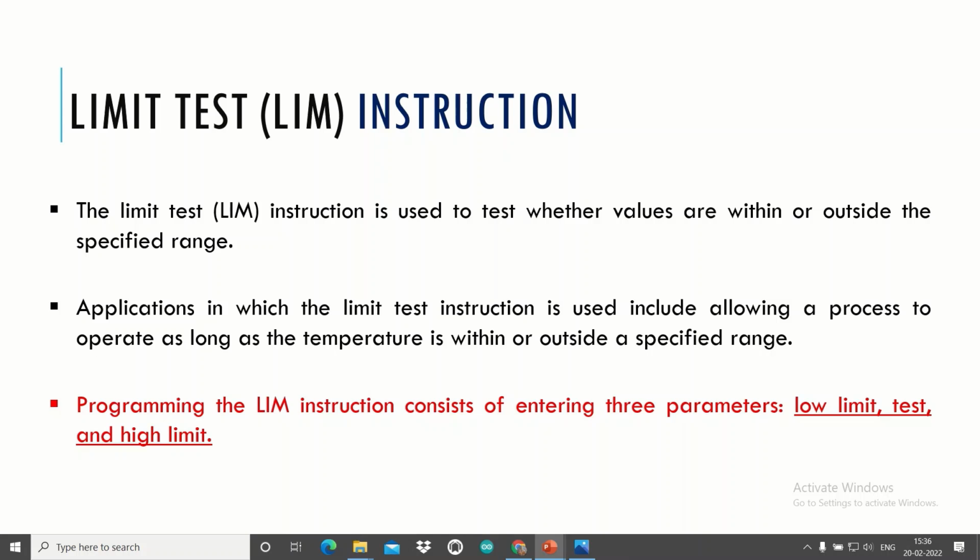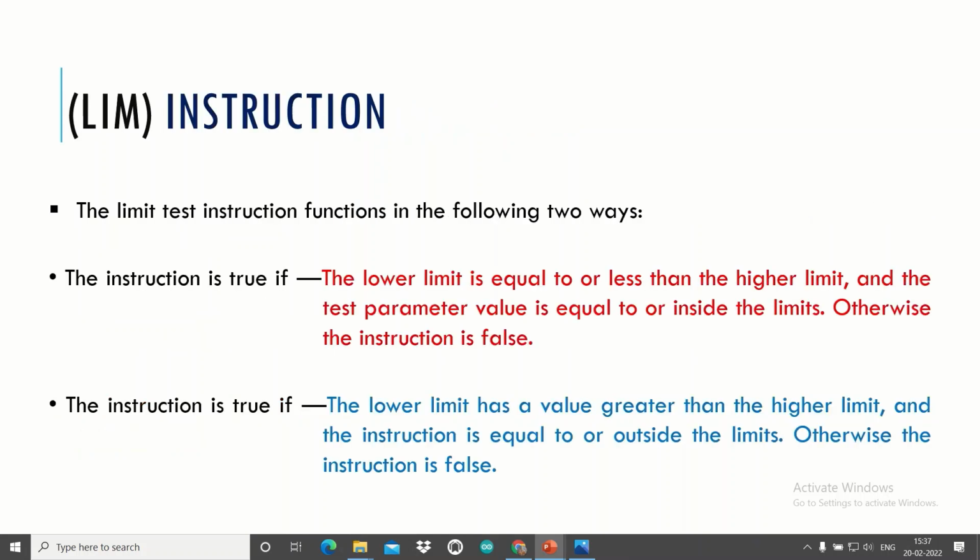Now by now you can easily consider that while using this LIM block, definitely there will be three parameters that we have to feed. One is the low limit value, another is the high limit value, and finally there should be the test value, that is the input.